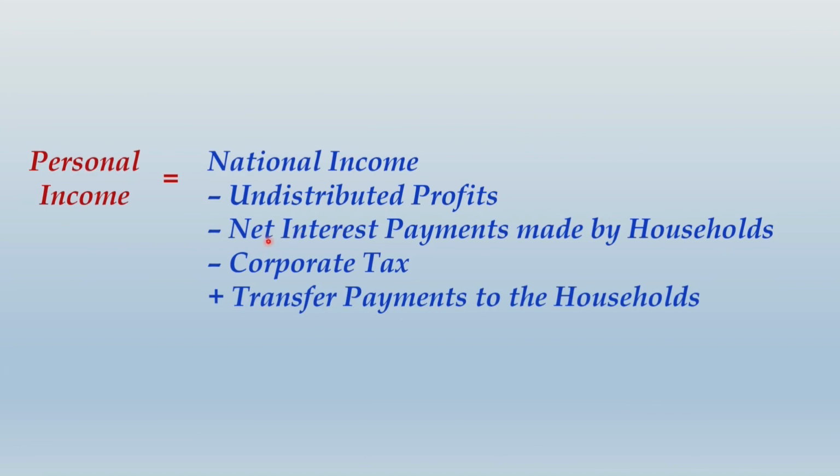Earlier it was net interest received, which you added; net interest payment you should subtract. So just write up this part, or you may write a small note that if it is net interest payment made by the households, it should be subtracted. Whatever is convenient to you, just do that, and then I take you ahead.